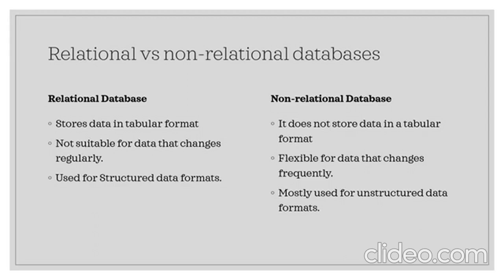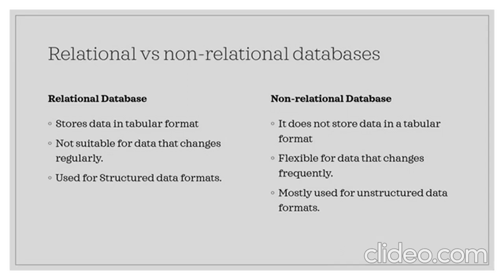Here we discuss the main differences between these two databases. A relational database is not suitable for data that changes regularly. A non-relational database is also known as a NoSQL database, and it is flexible for data that changes frequently.